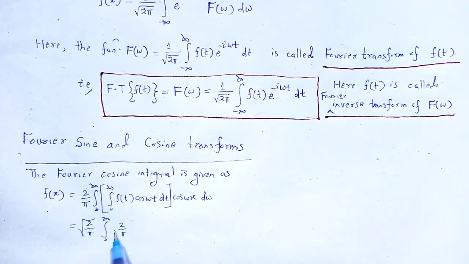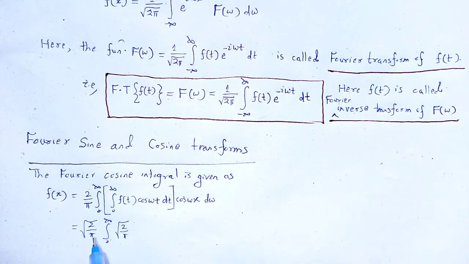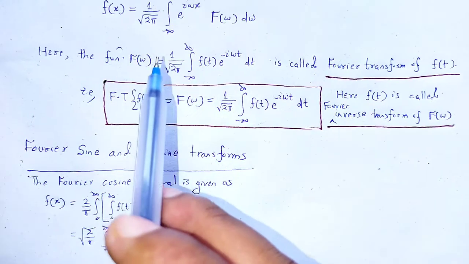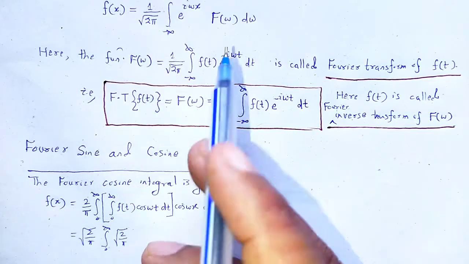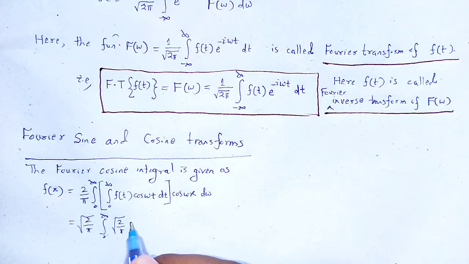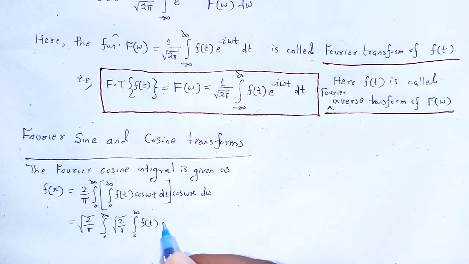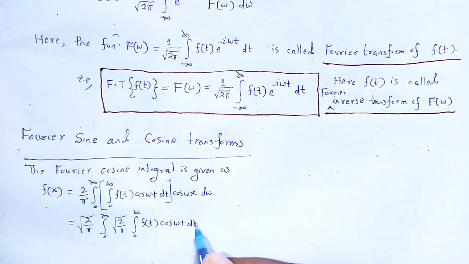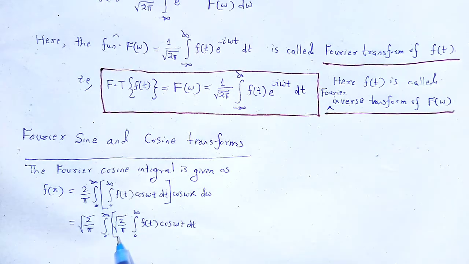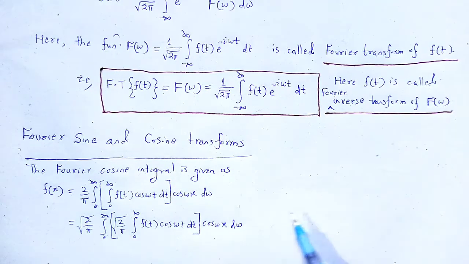Instead of 2 by pi we use under root of 2 by pi for symmetry purpose, as we previously used 1 by under root of 2 pi. Same thing we introduced to evaluate Fourier sine and cosine transforms. Integration over 0 to infinity f of t cos omega t dt cos omega x d omega.